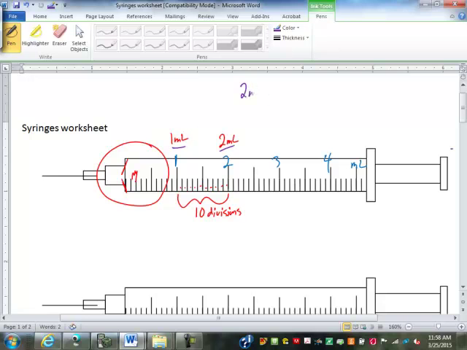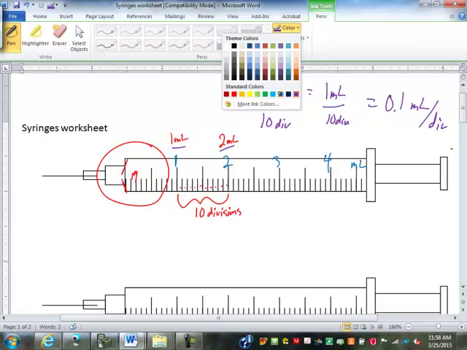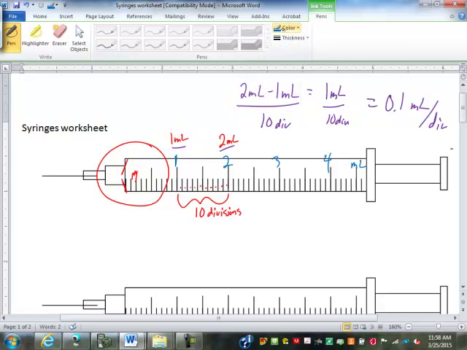So in this case, 2 milliliters minus 1 milliliter, which is equal to 1 milliliter, over the number of divisions, so 10 divisions. 1 milliliter divided by 10 is 0.1 milliliters per division. So on this particular syringe, each division, each marking, is 0.1 milliliters.